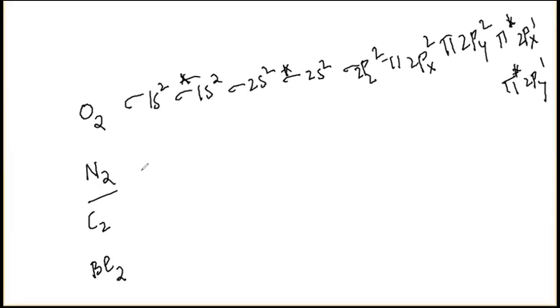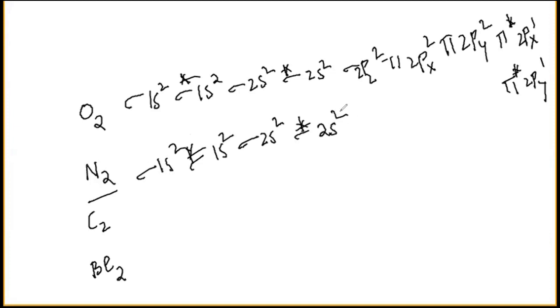If you come to nitrogen, what can we write? Sigma 1s2, sigma star 1s2, sigma 2s2, sigma star 2s2, and what can we write? Pi 2px2, pi 2py2 and sigma 2pz2.